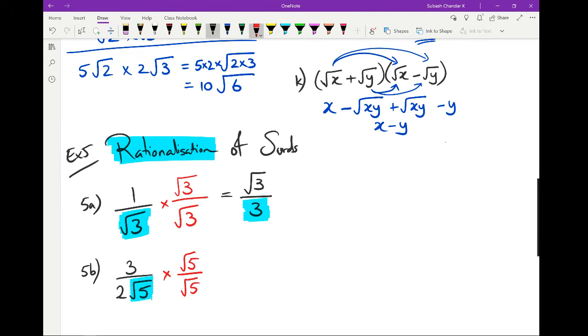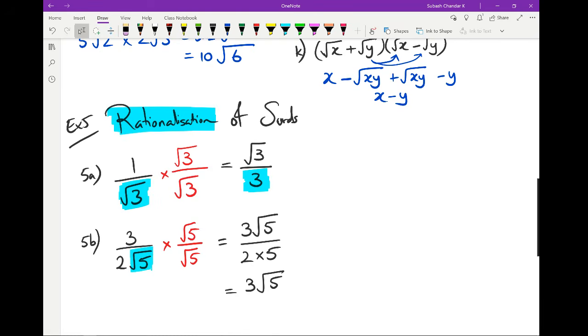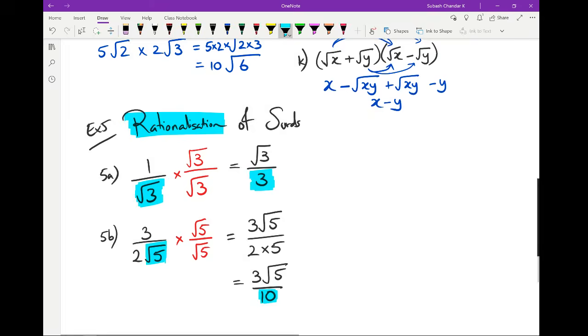And when I do this, in the numerator I've got 3 times square root of 5, so that's going to be 3 root 5, over 2 root 5 times root 5, which is going to be 5. So my final answer ends up being 3 root 5 over 10. And as always, if you look at the denominator, it does not have a square root symbol in it.